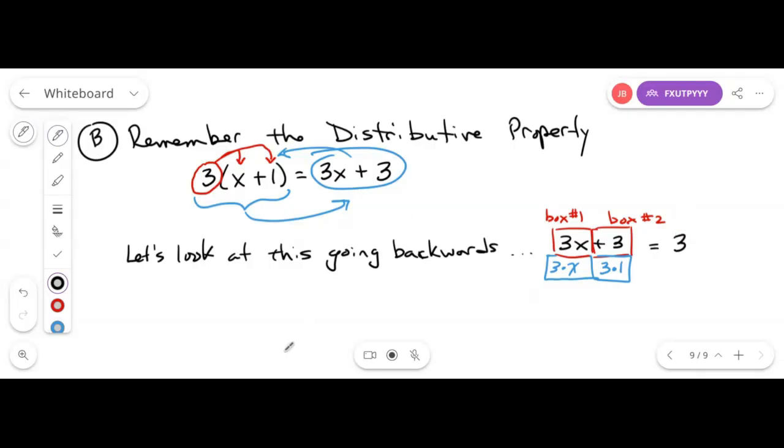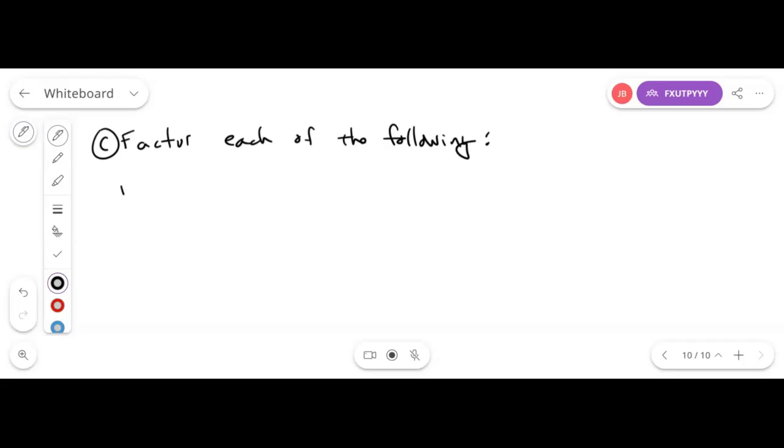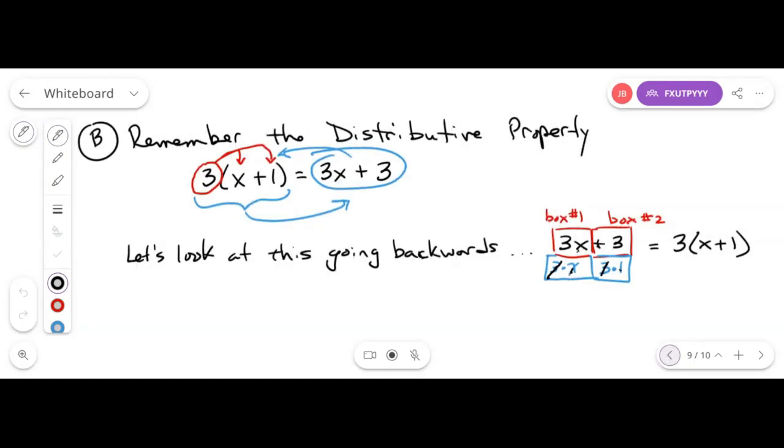If I take a 3 out of those boxes, then the thing that is left is x plus 1. Okay?